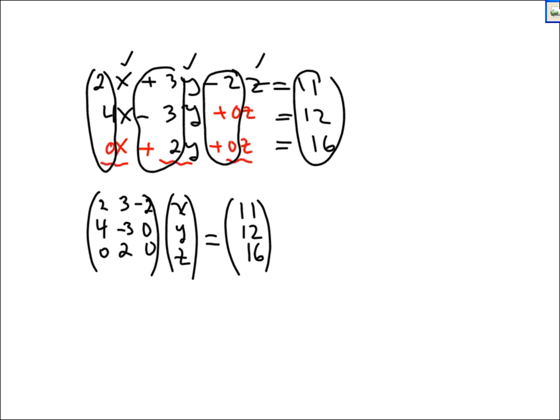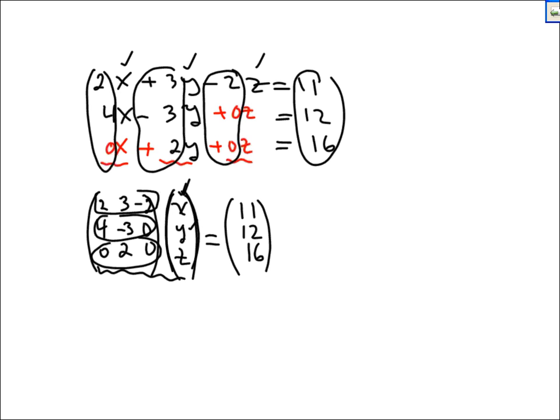But you really, really need to convince yourself. Just by multiplying this out, take the first row, dot it with the first column. Take the second row, dot it with the first column, the only column. Take the third row, dot it with the first column, and see what you get.